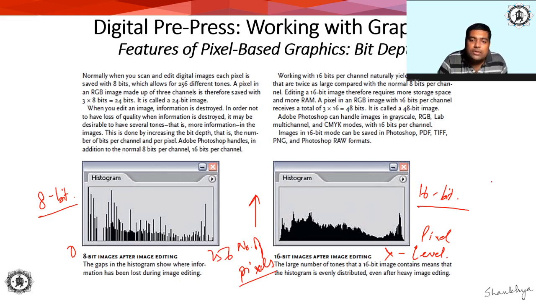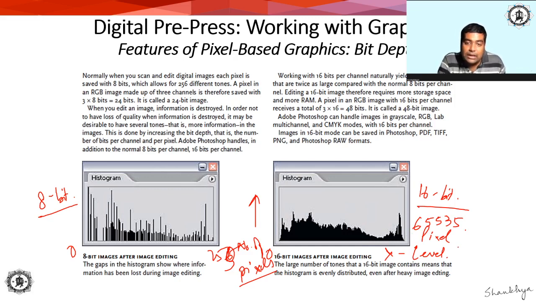And for a 16-bit image, it is from 0 to 65535. Sorry, I made a mistake. This is 0 to 255. So the total number of tones is 256, and over here the total number of tones is 65,536. The minimum pixel intensity value is 0 and the maximum pixel intensity value is 65,535.